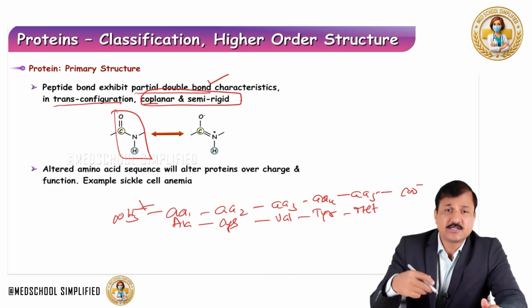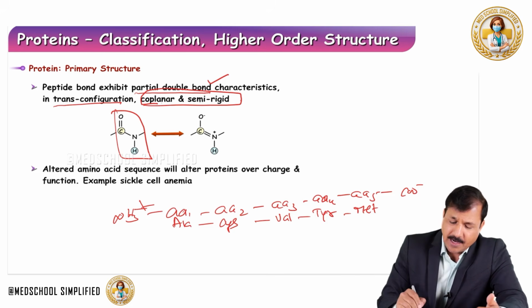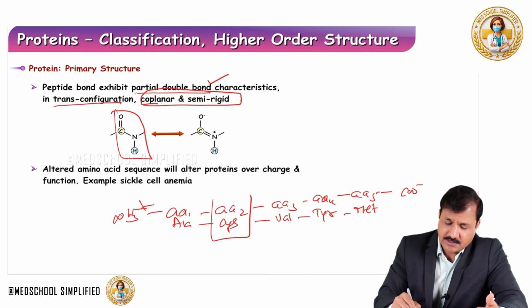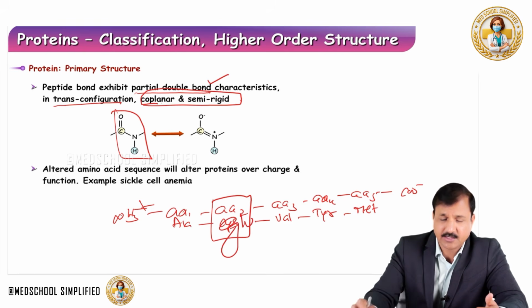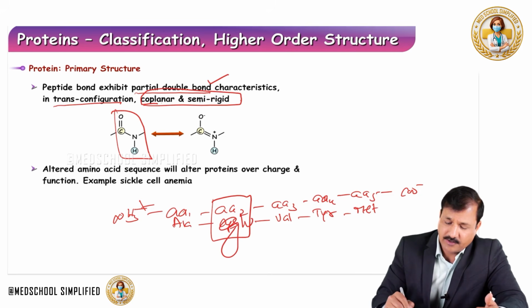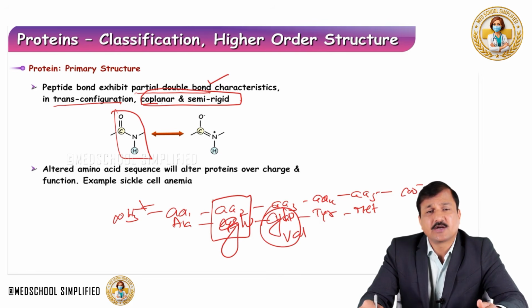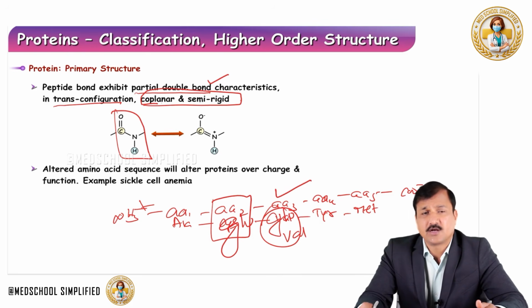If a genetic codon, which is a triplet three-letter codon, changes because of a mutation in the gene coding for that particular peptide, it is going to change an amino acid. For example, if there is a mutation in the codon coding for cysteine, and instead it codes for glutamate, or instead of glutamate it is replaced by valine, any change in the amino acid sequence because of mutation will alter the total function of the protein molecule.